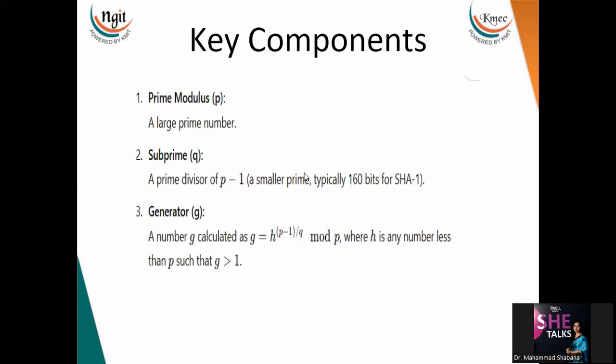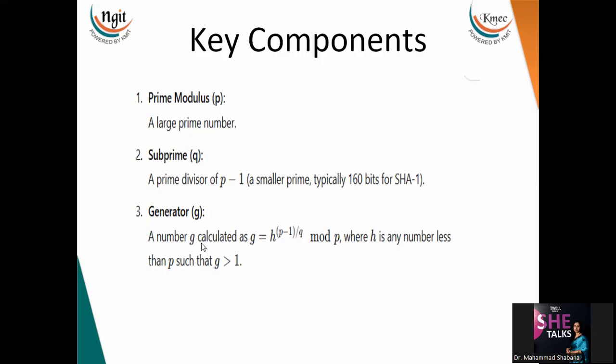So these are the key components of the Digital Signature Standard. These components form the backbone of DSS. They enable secure key generation and signature creation, which are crucial for digital security. We are taking a large prime number P, and a prime divisor of P minus 1, which is the subprime Q. This prime is typically 160 bits, for the SHA-1 hash.